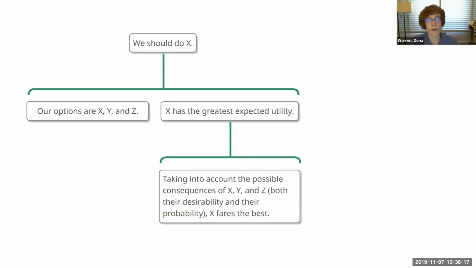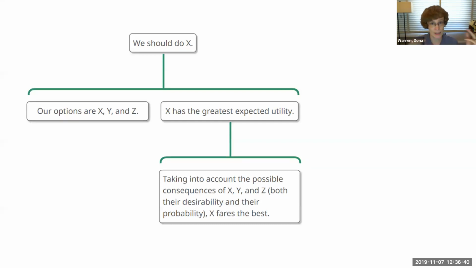It's essentially the process of thinking about the consequences of these potential actions and considering both how good or bad would those consequences be and how likely or unlikely would those consequences be. We need to consider what the consequences are, how much we want them, and how likely they are.